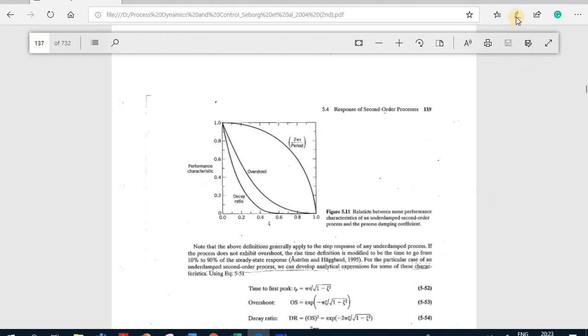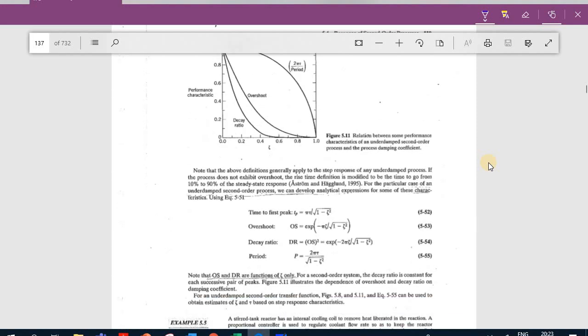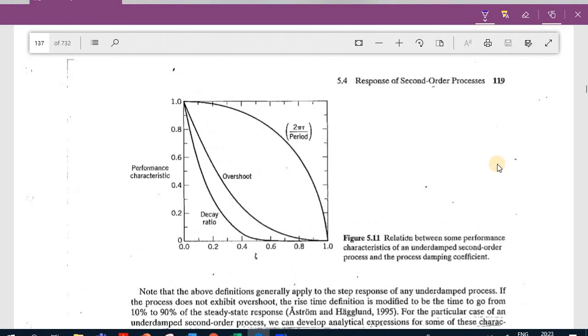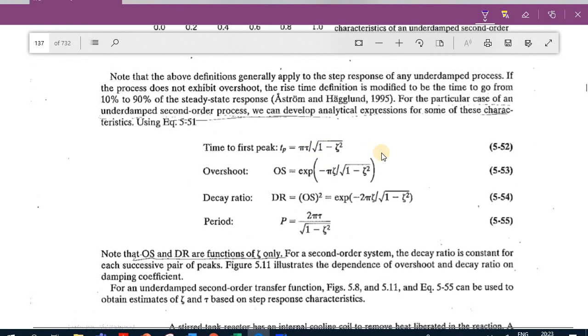Okay, great. So I'm here, and then I'm going to use the pen because I couldn't use the pen in Google Chrome. Sorry for that. So what I'm trying to say here is that I want to find Xi and Tau, these two values.